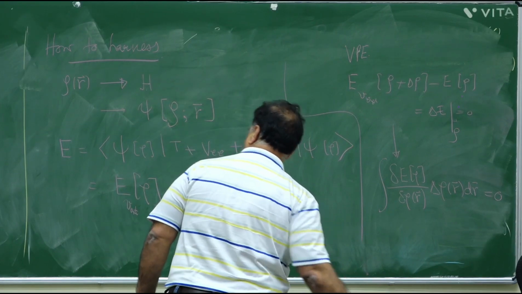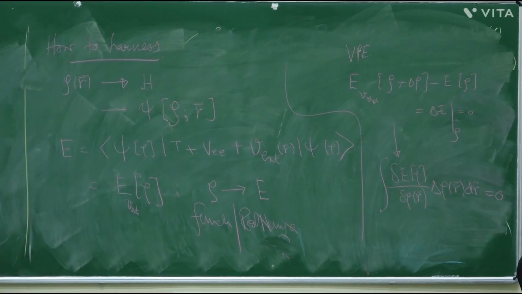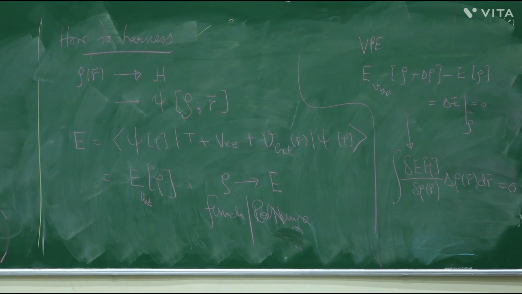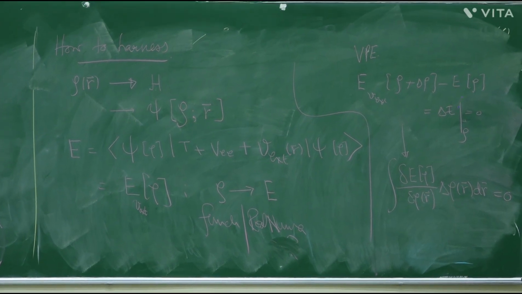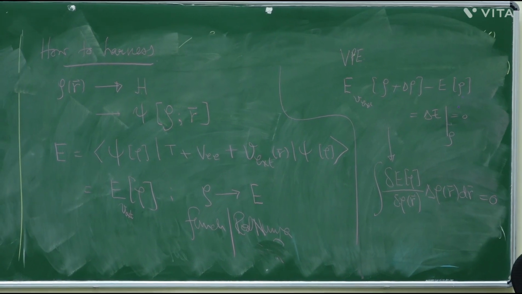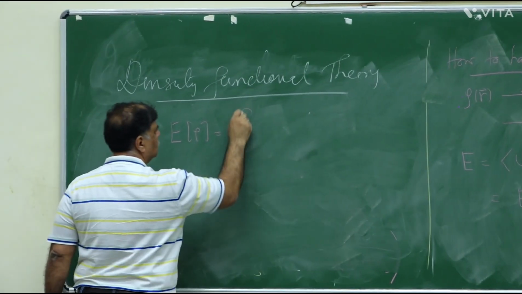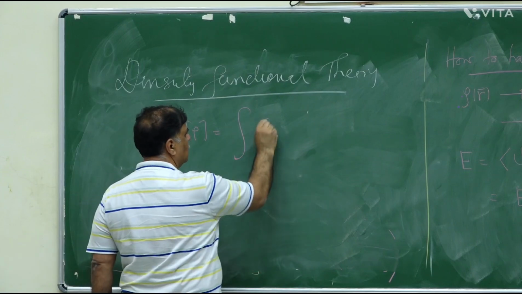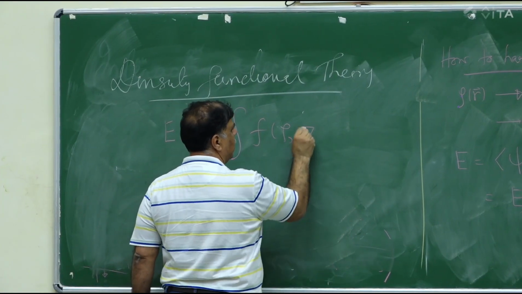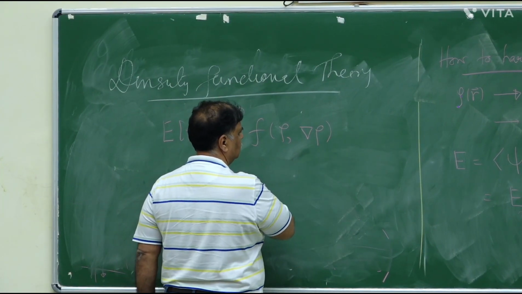Suppose, just for the heck of it, E of rho is equal to some function f of rho and grad of rho.